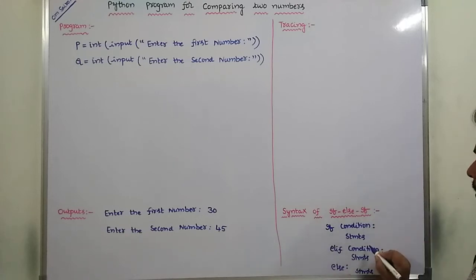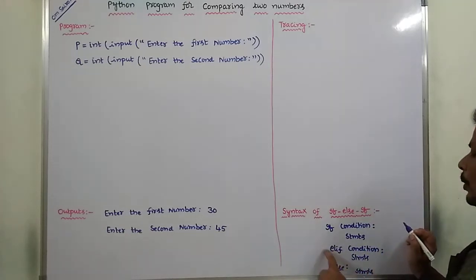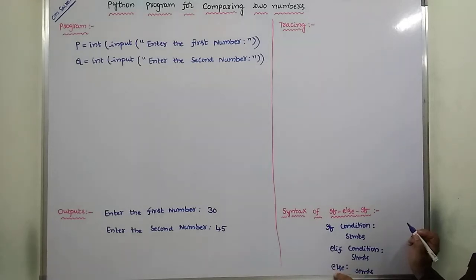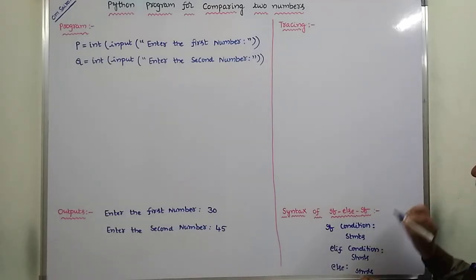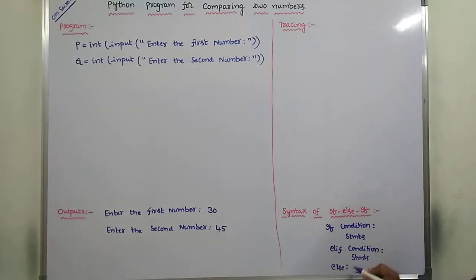Suppose this condition is also false, then go to the else part. Whatever statements are in the else block are executed. If this condition is false and this condition is false, then the statements within the else block are executed.